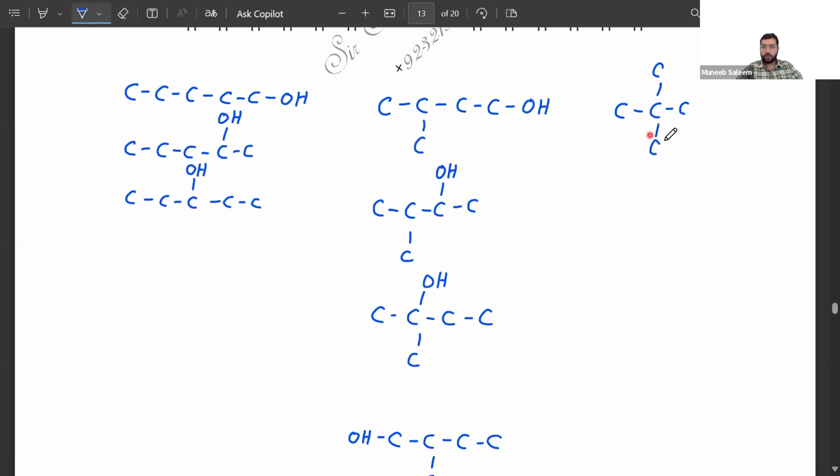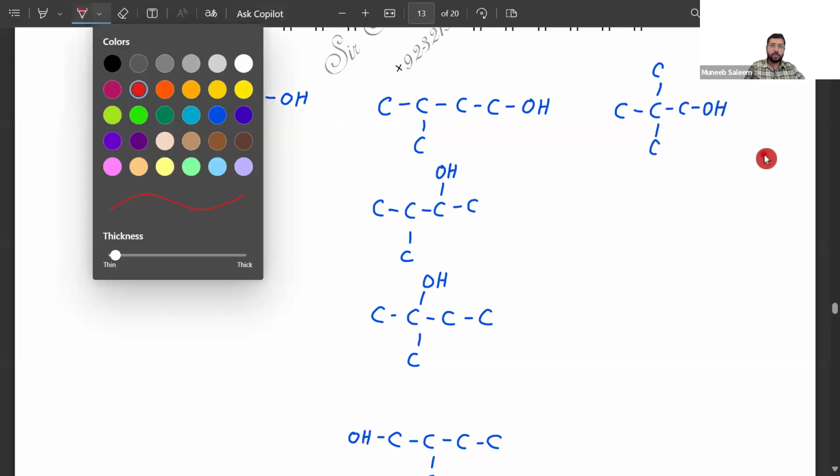That means all these 4 carbon atoms have equal positions in the structure. So if you put OH over here or here or here or here, they all have equal positions. So it's giving us only one point where I can put OH. This is the only way I could put OH for this type of combination of carbon atoms.